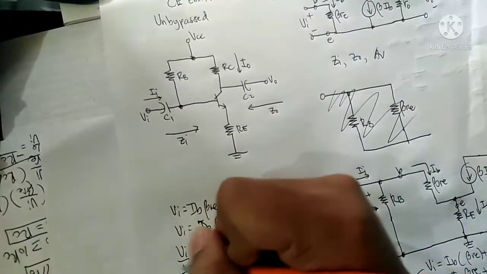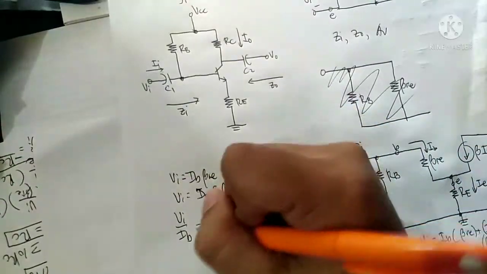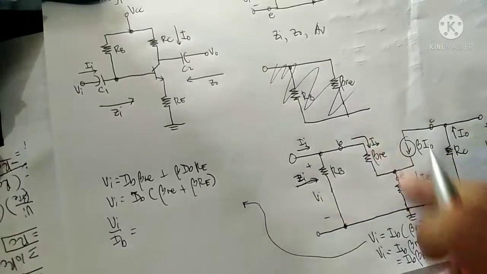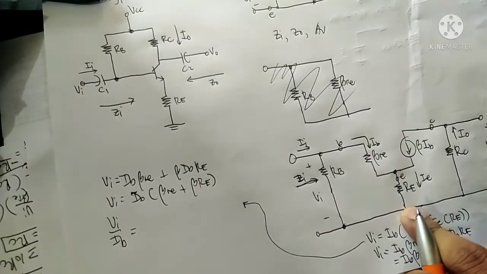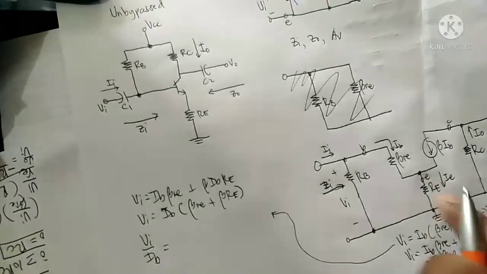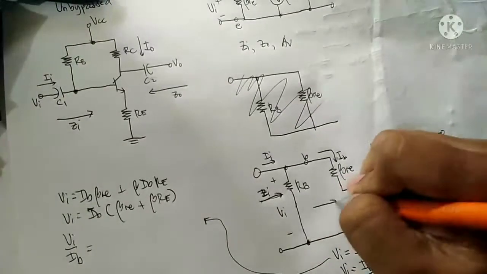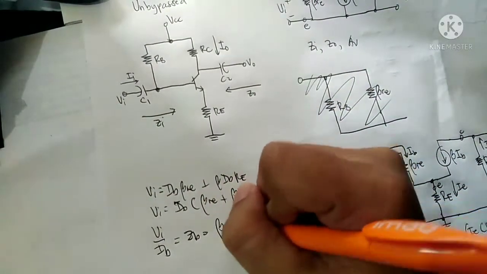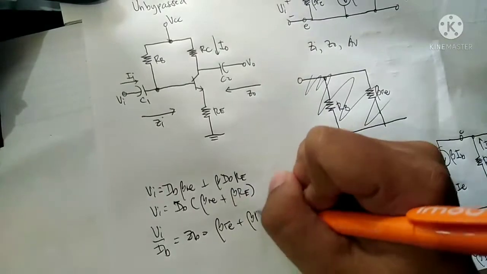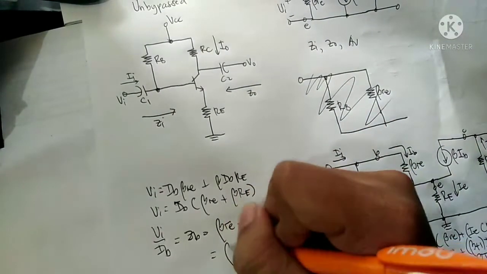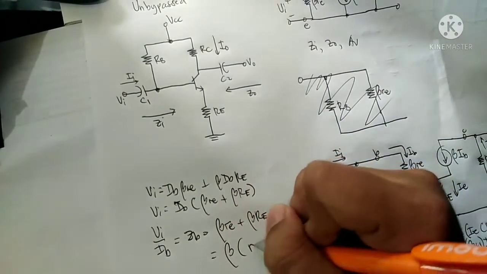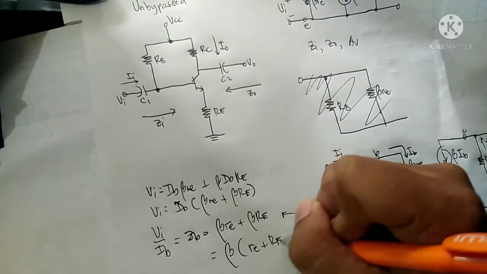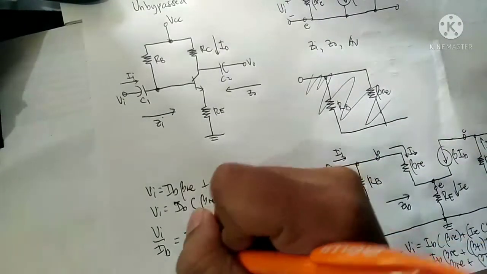Vi divided by ib, let's name this Zb. Therefore Zb equals beta re plus, factoring out beta, beta times (re plus RE), equal to Zb.